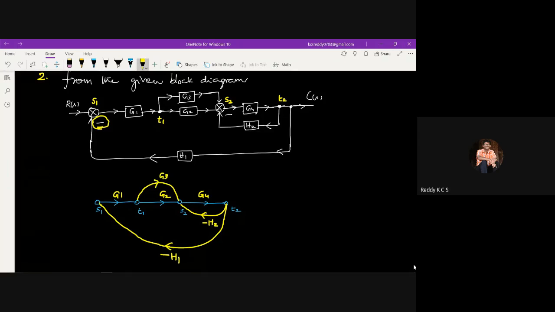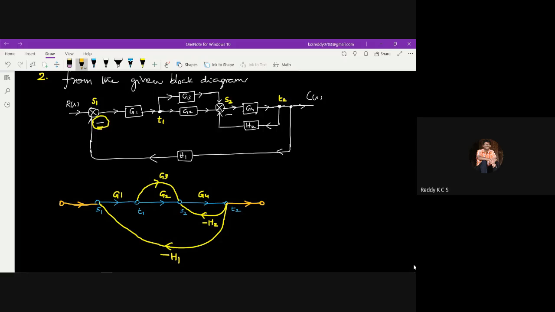Compared to the set of equations, this is the easiest way to obtain the signal flow graph from the block diagram. Here, we don't have the source node, because there is an incoming signal and also an outgoing signal. A source node has only outgoing branches, and a sink node has only incoming branches.